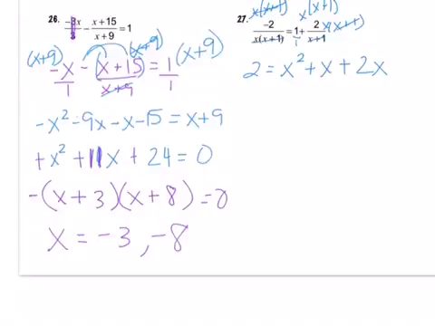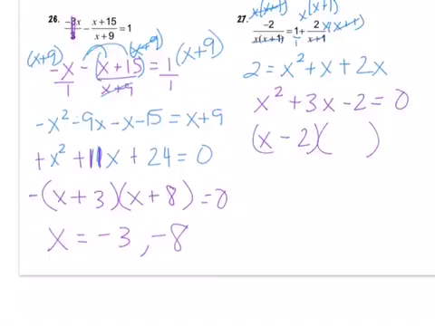Now I'm going to combine like terms, and I'm going to actually move this one over in the same step. So I have x squared plus 3x, and then when I bring this over, that would be a minus 2, and I just set it equal to 0. Factor, and I get x minus 2, and actually I messed up here.